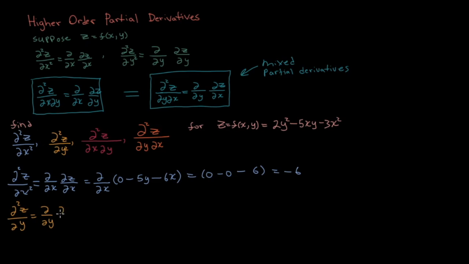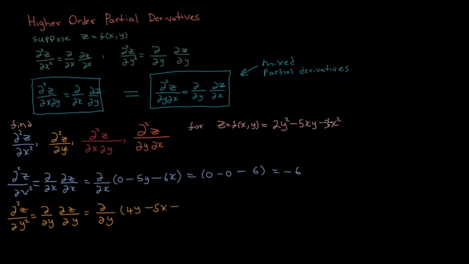Del squared z by del y squared is equal to the partial derivative with respect to y of this. So let's differentiate this with respect to y, and that'll give us 4y minus, the x is now treated as a constant, so the 5 and the x become constants, so when we take the derivative of that, it just becomes 5x.